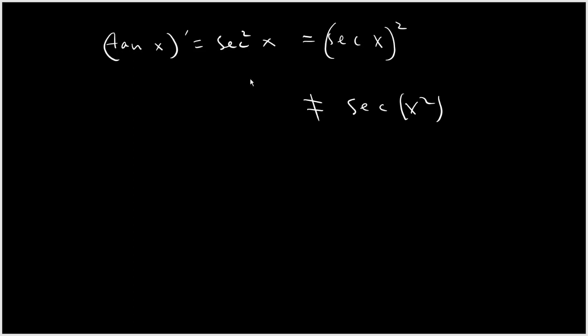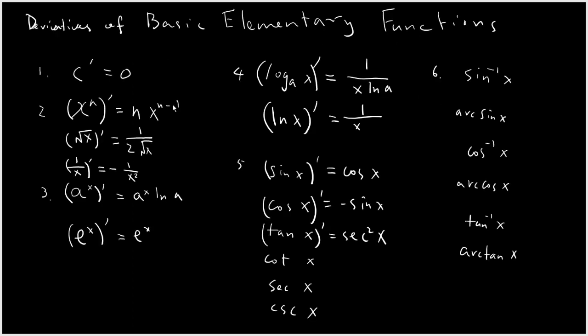In many cases, I just say secant of x the whole thing squared. If you hear me say that, it means secant squared of x. It's not the same thing as that. Probably you were told about that before, but I just want to remind you.